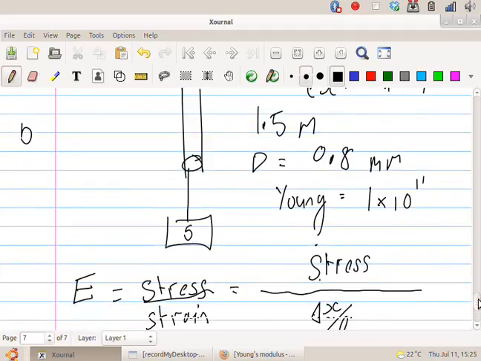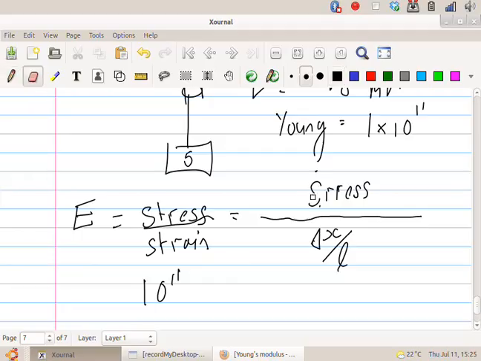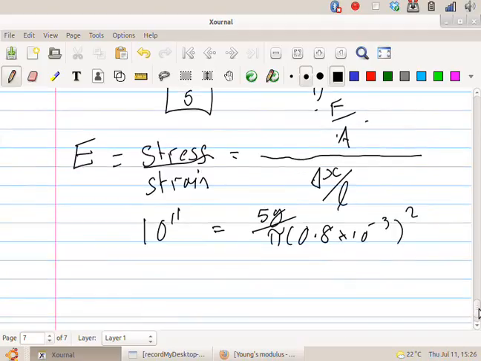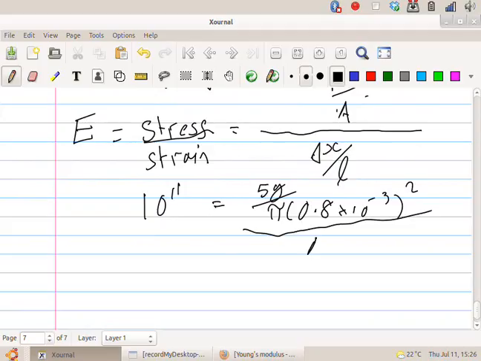Okay, maybe I have to put it in. F over A. What do I know in this formula? I know the F, I know the A, I know the L. I don't know delta x, so I should find that first. So what's the F? It's 5g. What's the A? It's pi r squared, which is 0.8 times 10 to the minus 3 squared, all over delta x, which I don't know, all over L, 1.5.